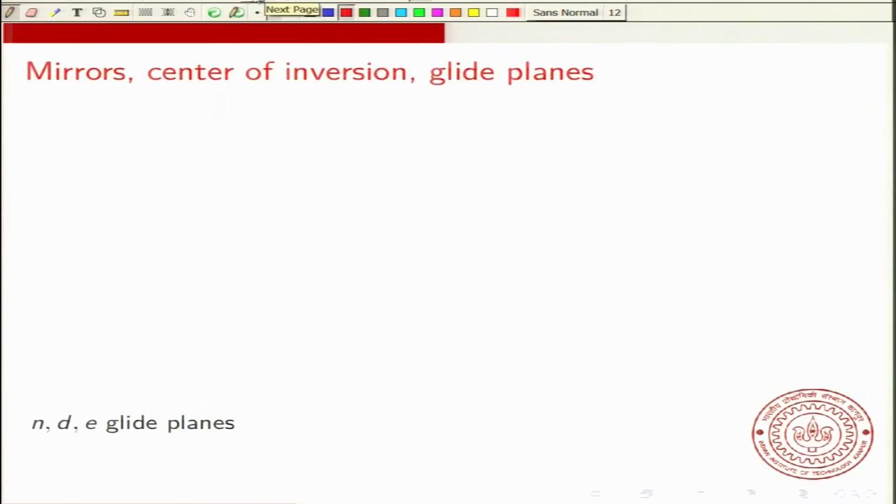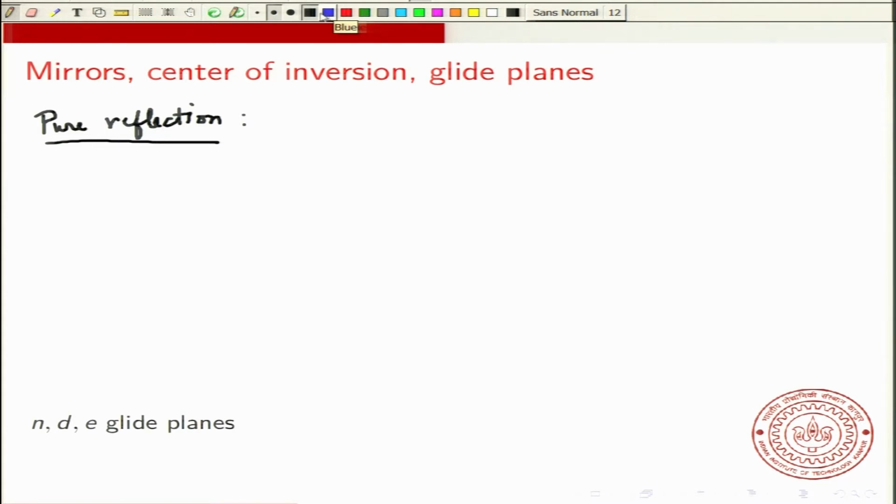What about mirrors? A mirror is a plane of reflection. If it is a pure reflection, it can be perpendicular to the plane of the screen, or in the plane of the screen.